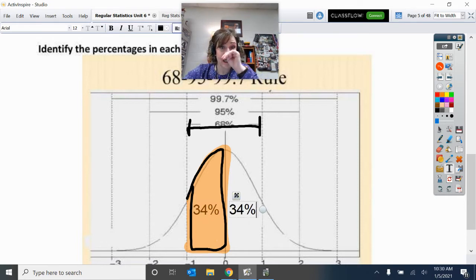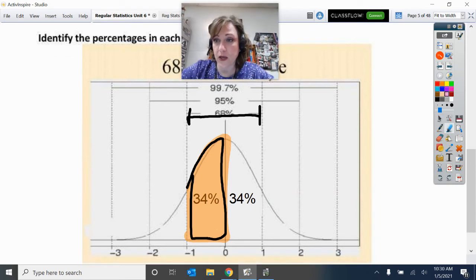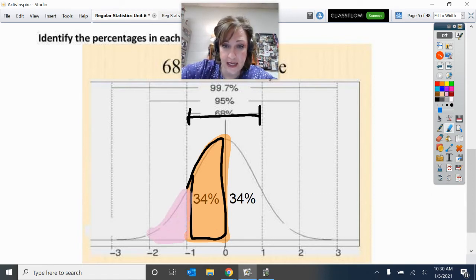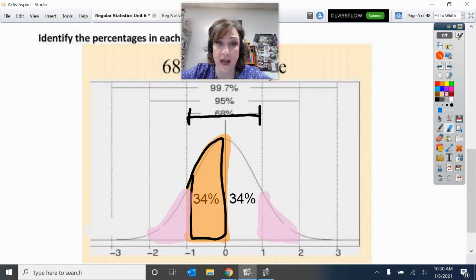Okay, now can you get these ones here? Say, in this section from -2 to -1, or +1 to +2. How could you figure that out? I'm going to put this color in here just so I have that colored also.